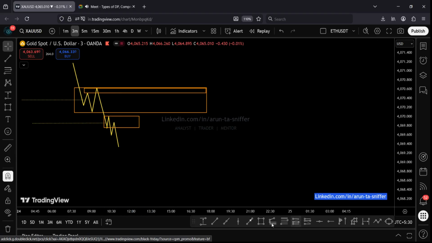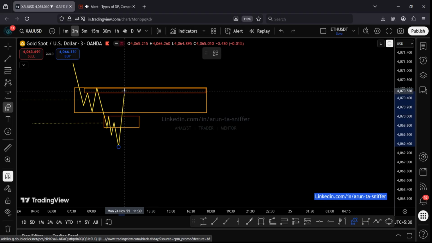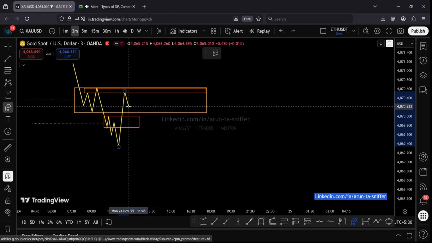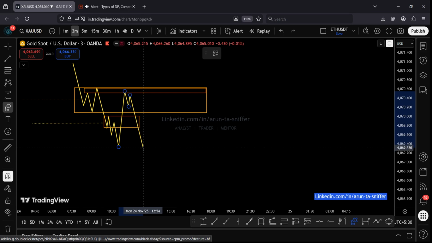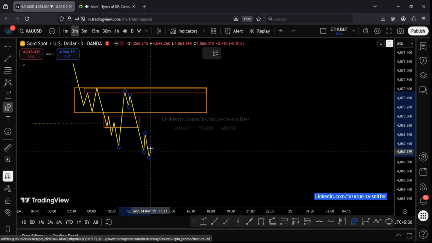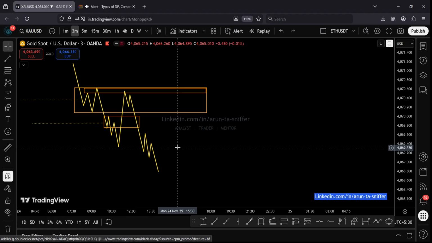Price will go back again to the MPL like this, and then comes down again, and then makes the OR, right? And then again makes it like this. Price reaches the MPL or OR.